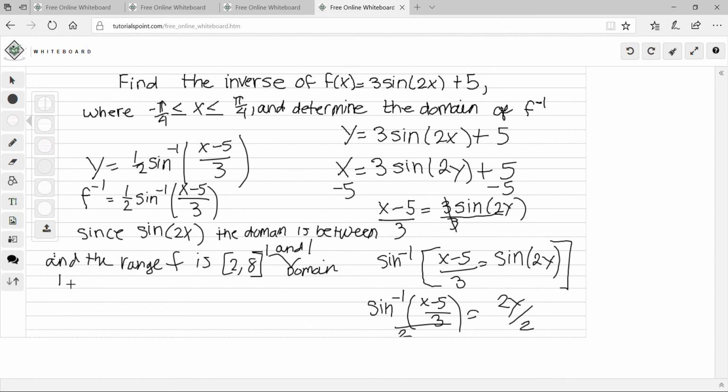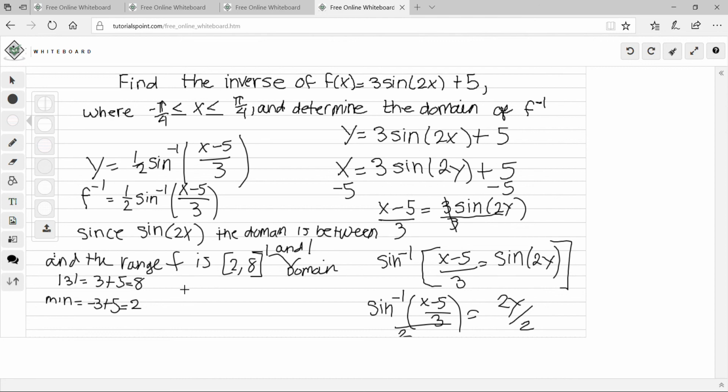So our max is 3 plus 5 equals 8. And then our min is always the opposite of 3, so it's negative 3 plus 5, which is 2. So that's how we got 2 and 8. That's basically our max and min.